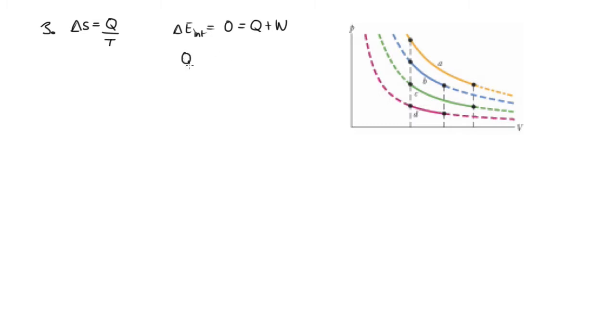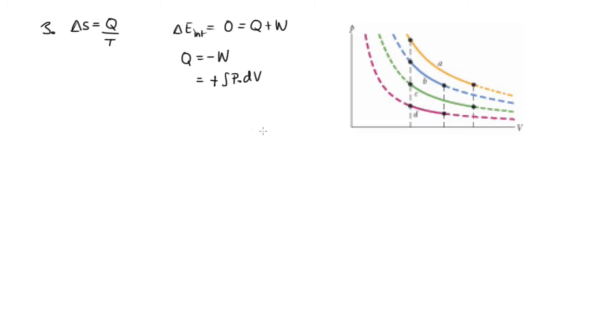And so we have Q is equal to minus W, which is equal to the integral of minus P dV. So we can make this the integral of P dV.